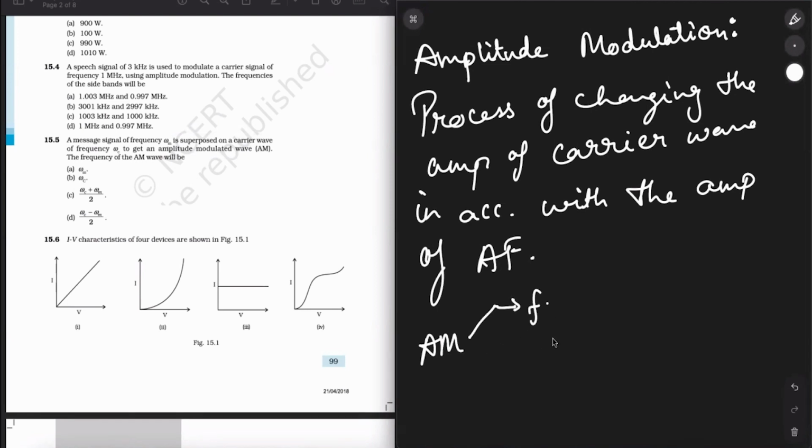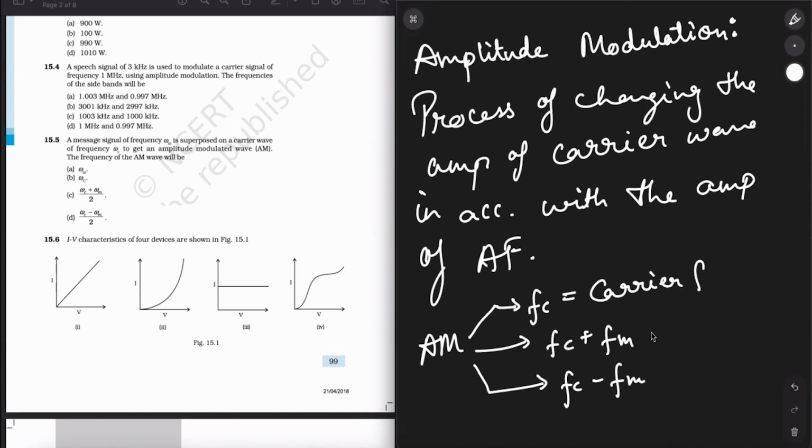Frequency number 1 will be FC. Frequency number 2 will be FC plus FM, and frequency number 3 will be FC minus FM. This FC is called the carrier frequency, and these are called the sidebands.